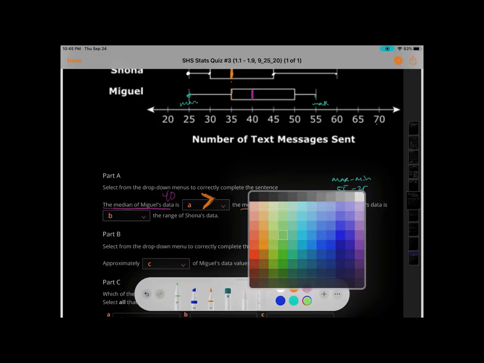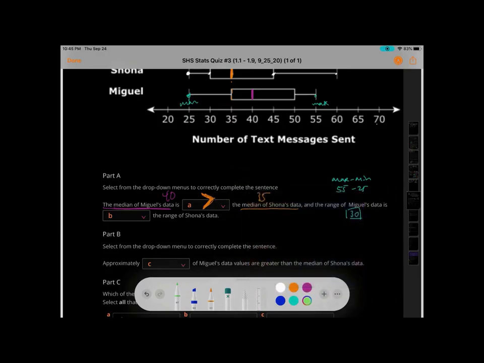And then Shona's range is 25 for her minimum, and up here is her maximum, which is 60. So 60 minus 25 is going to give us 35. So what inequality would you write there? Miguel's data is smaller than or less than.